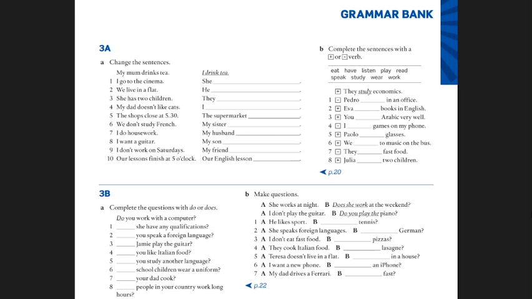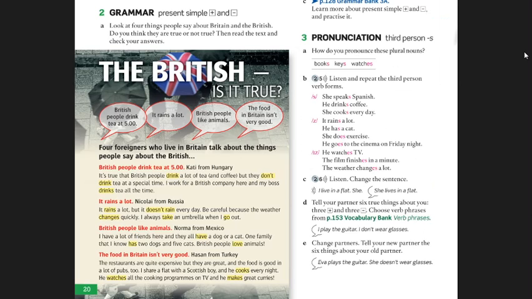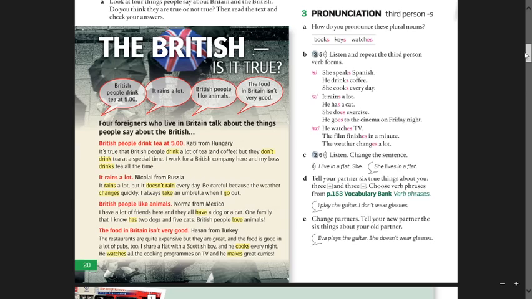She cooks every day. That is the s ending. But then you have the z ending. It rains a lot. He has a cat. She does exercise. He goes to the cinema on Friday night. And then he watches TV. The film finishes in a minute. The weather changes a lot, okay?